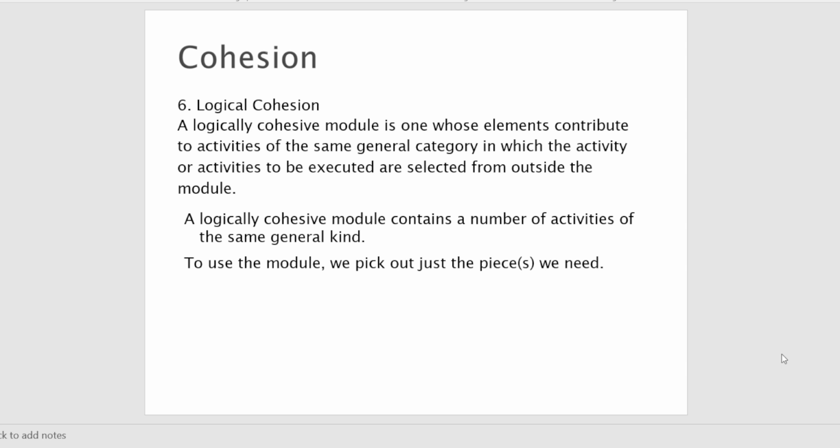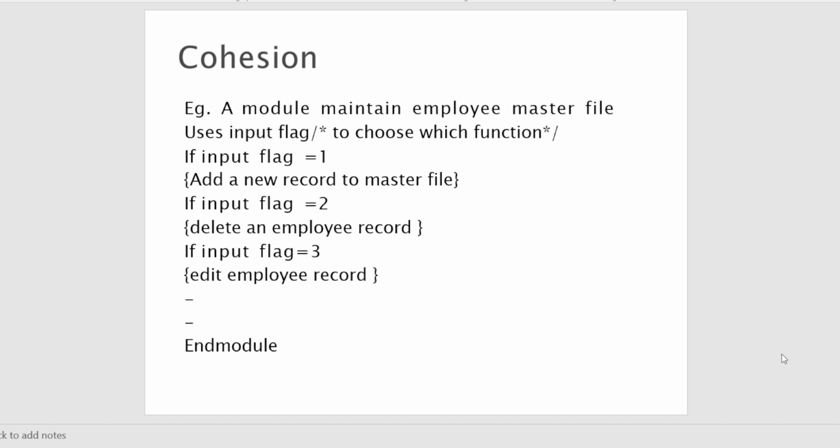It can be understood with this diagram, this code. I have a module that maintains a master file. It uses an input flag. If the input flag is 1, and this flag is coming from some external entity, based on the logic of the input flag, you are adding a record in the master file. If the input flag is 2, you are deleting a record.